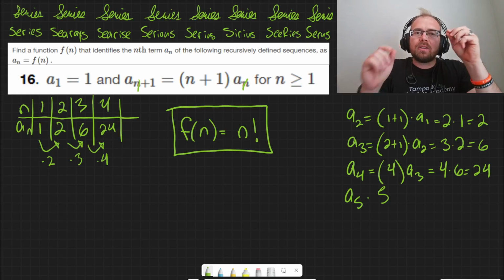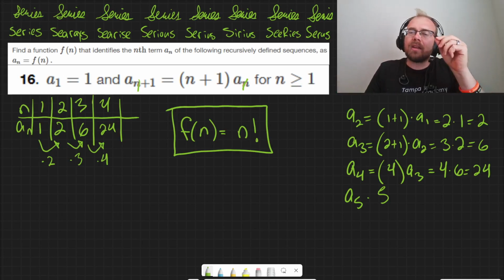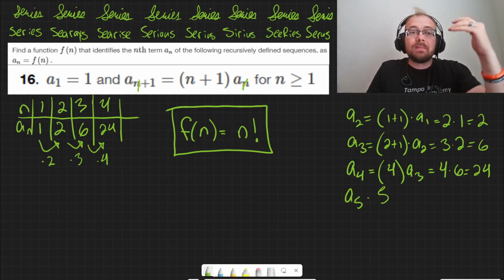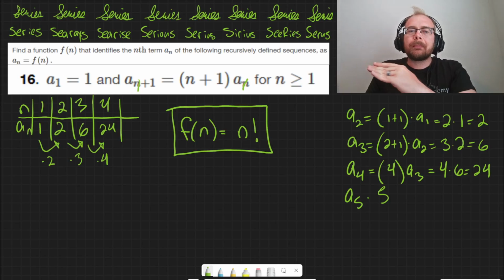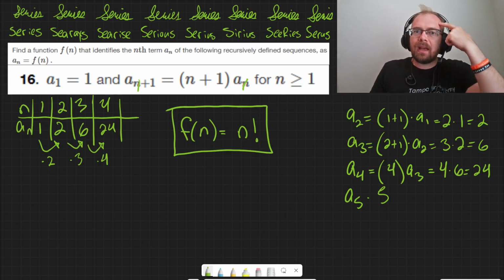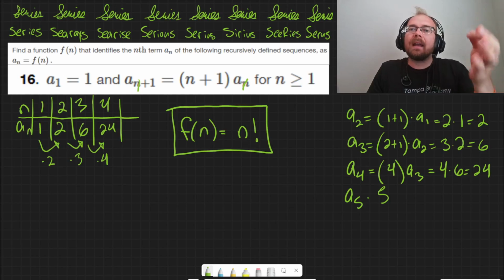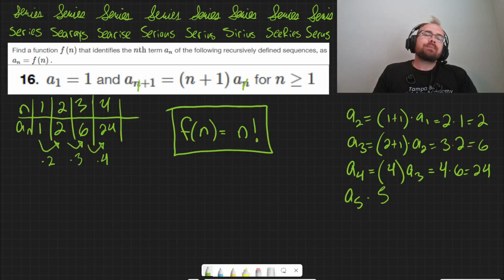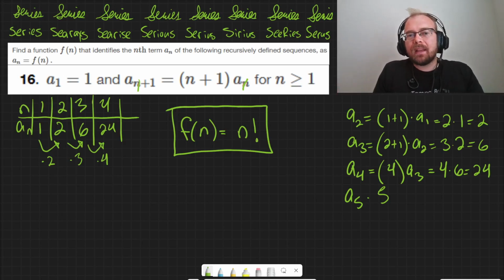But all you need to do is add one pattern recognition at a time, and eventually you'll get there. If you are timesing by bigger and bigger numbers, then that's a factorial. So lock that one away. Now you have one more added to your repertoire, so to speak. So hopefully that's helpful, and that was the answer to that, and that's how we got that answer.